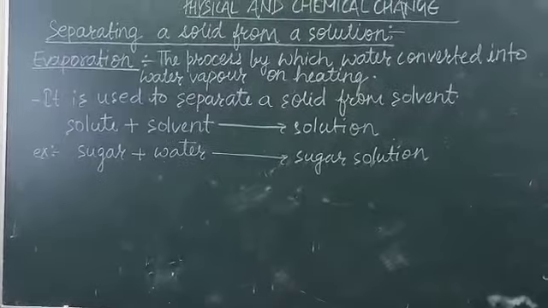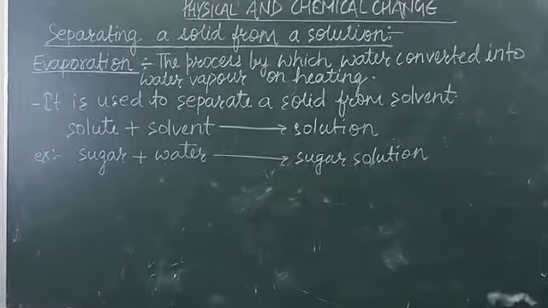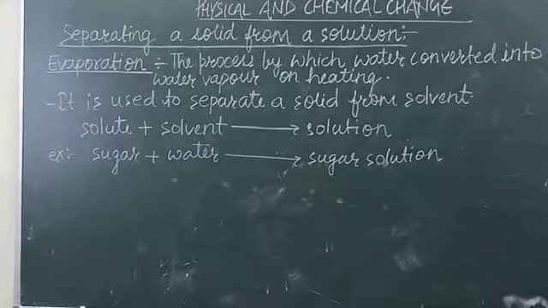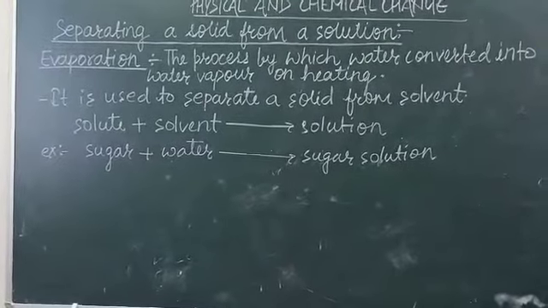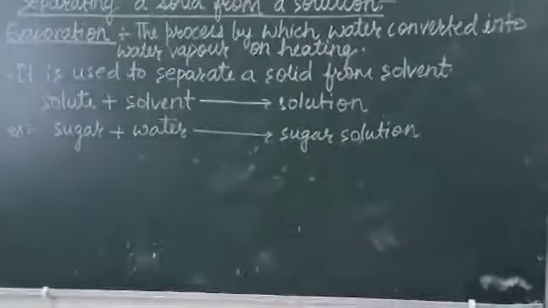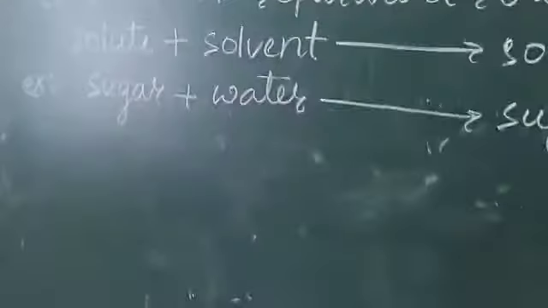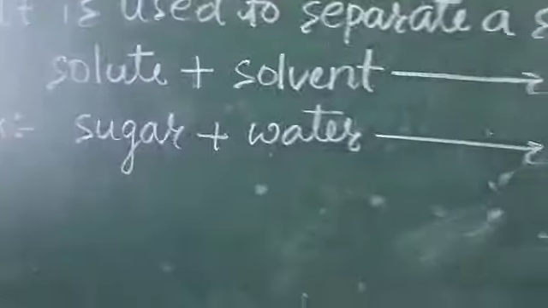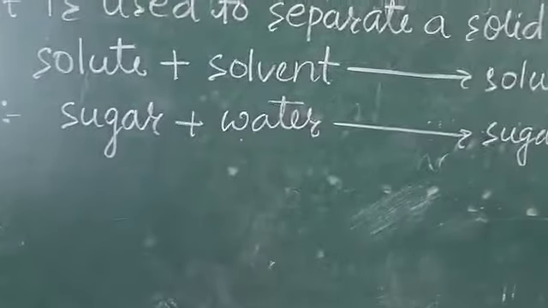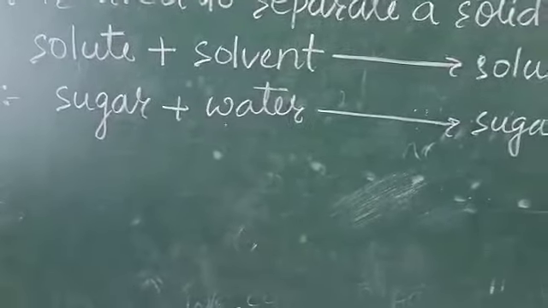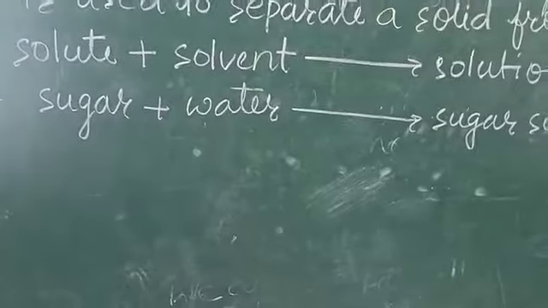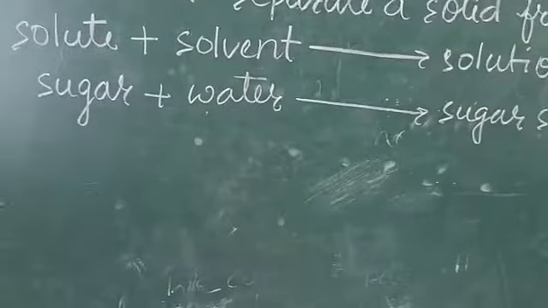A solution is made, or we can prepare a solution, by adding solute and solvent. So just take an example. What is solute? Which is present in lesser quantity in a solution is called solute, and solvent is present in larger quantity in a solution.